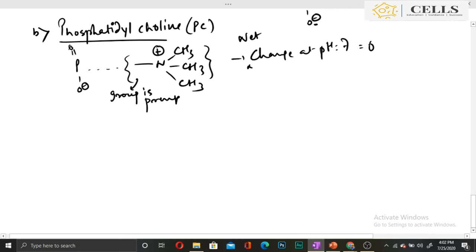Simple, like that of the ethanolamine, there was 3 H, here there are 3 CH3. Now phosphatidyl choline is abundant in RBC along with PE. PE is also abundant in RBC.